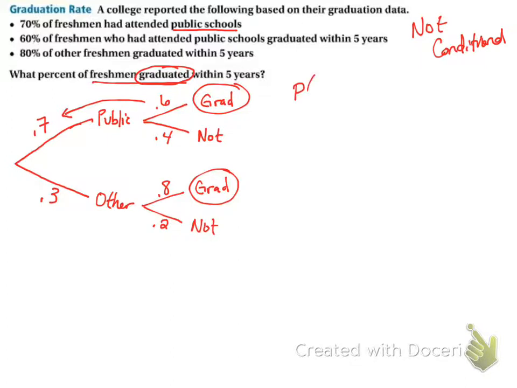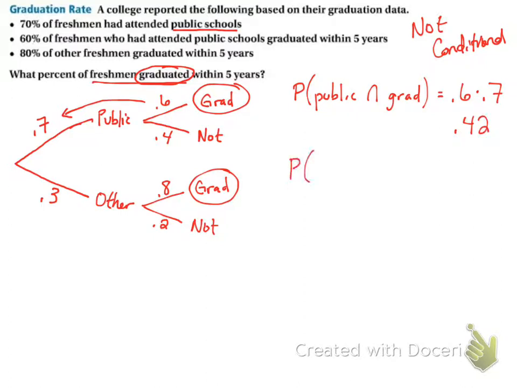So the probability that someone went to public school and they graduated, and I'm just going to multiply these by each other. Again, these are two independent events, and so to find an and, I can go ahead and multiply the probabilities by each other. So I can go 0.6 times 0.7. When I do that, I get 0.42.